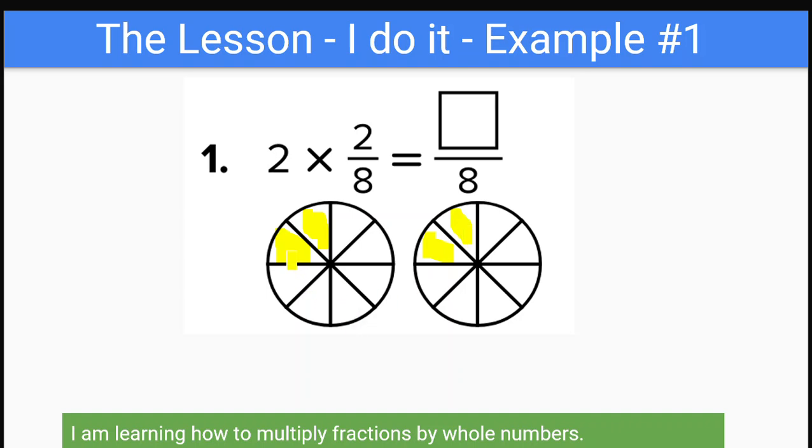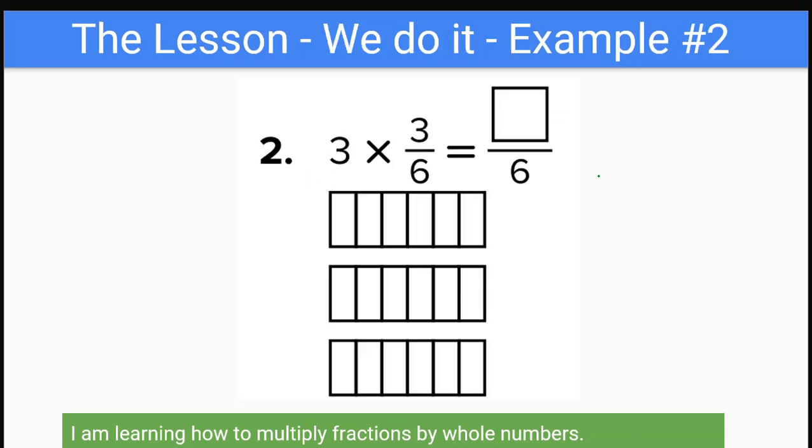So how many eighths do we have? We have 1, 2, 3, 4 eighths, okay? You can see it in the picture. But if you wanted to do it the way I just taught you, it's really just 2 times 2. That's 4. We're still talking about eighths in the end, so 4/8, okay? Kids, you're learning how to multiply fractions and whole numbers.